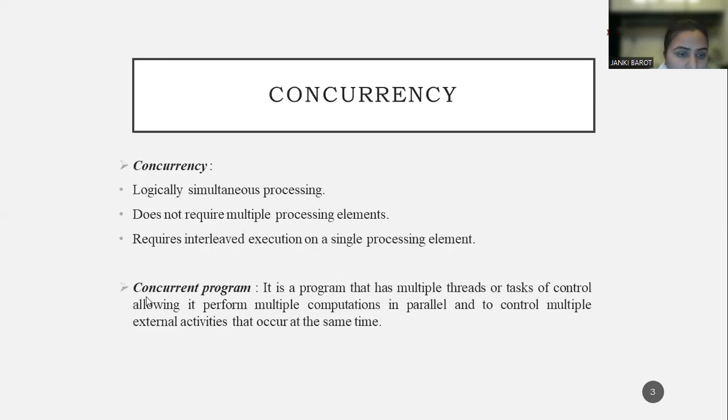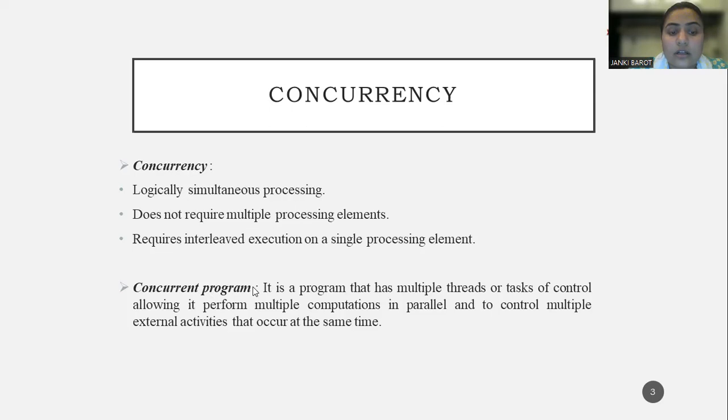Now we'll start with concurrent program. First of all, I have a question: what is concurrent? Concurrent means happening at the same time. So when two or more programs happen at the same time, it may be called a concurrent program. Or when two or more processes happen at the same time, it may be called a concurrent process, right?